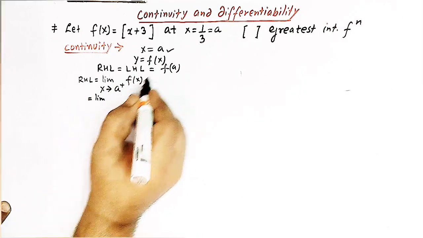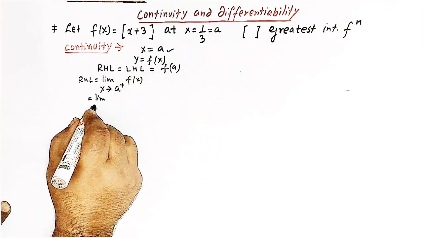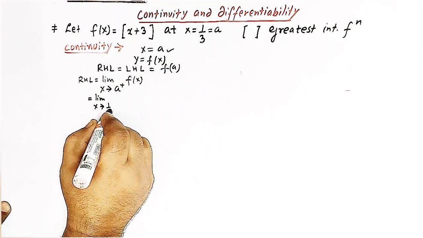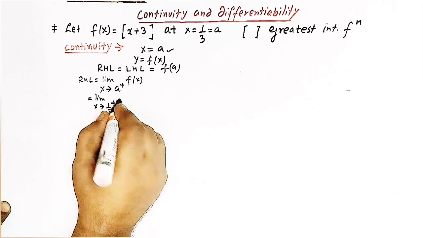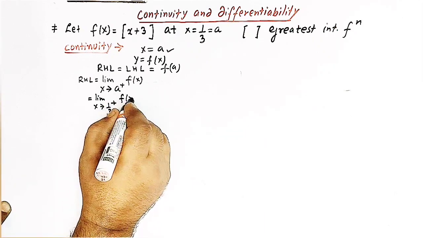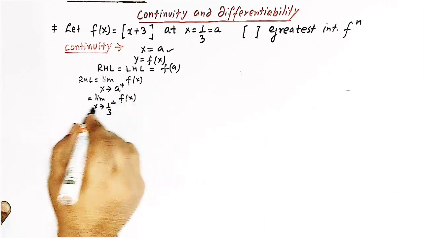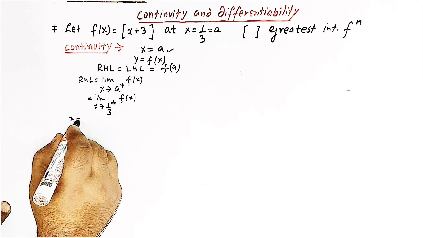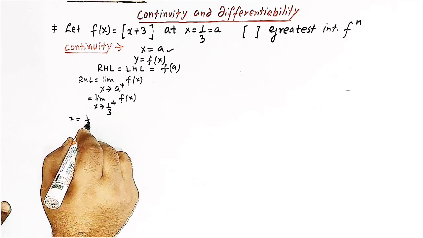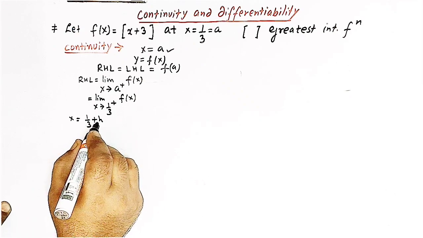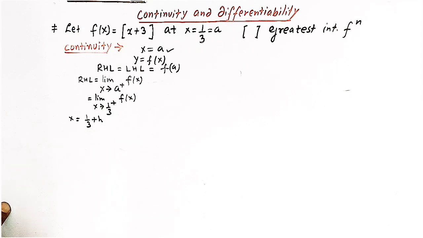So we have x tends to 1 over 3 positive, and here we have f of x. Let us take x is equal to 1 over 3 plus h, where h is infinitesimally small.